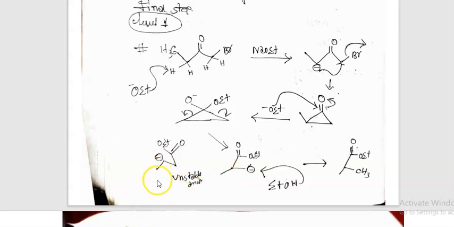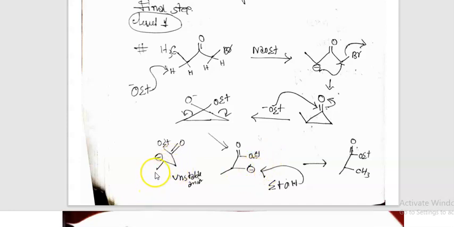Because here a methyl group is present, which can donate excess electron density here. If this anion is formed on that side, it does not require any extra negative charge.